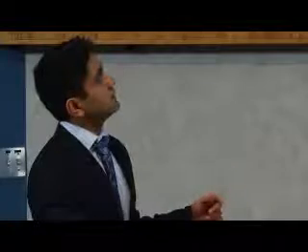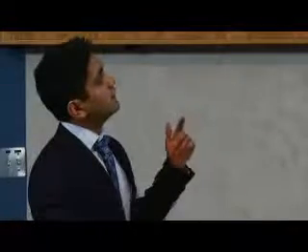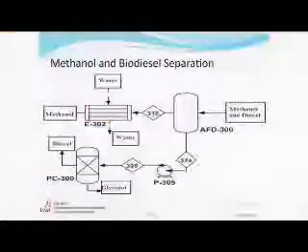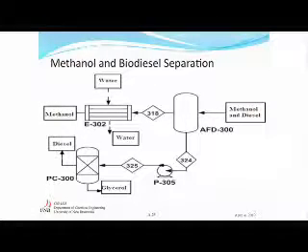Because the product stream is coming out at 280 degrees Celsius, we're using that to preheat the algae and the water that are going in. So after this, we're producing methanol, biodiesel, and glycerol.